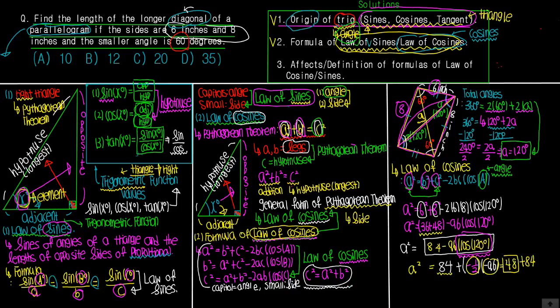So a squared will be 132, which means for our a value, we need to isolate it by taking the square root of 132.